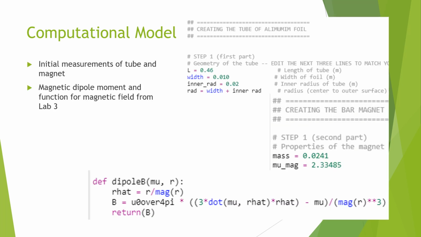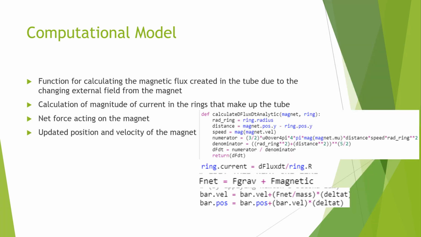In the program, we define the initial measurements of the tube and the magnet, and also used the magnetic dipole moment and the function for creating the magnetic field from Lab 3. We also create a function for calculating the magnetic flux in the tube due to the changing external field from the magnet. We also include a calculation of the magnitude of the current in the rings that make up the tube, which is equal to the flux calculated by the function divided by the resistance of the ring.